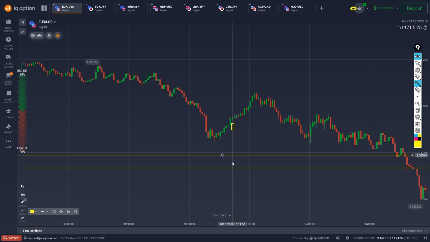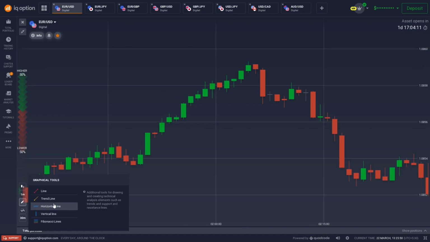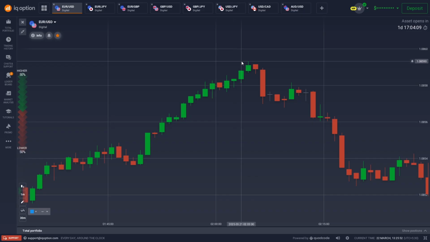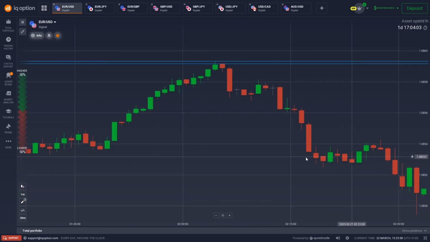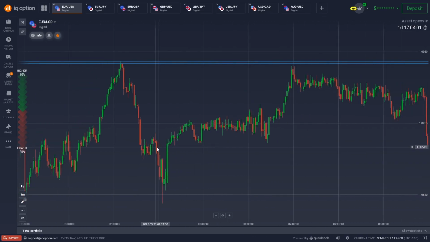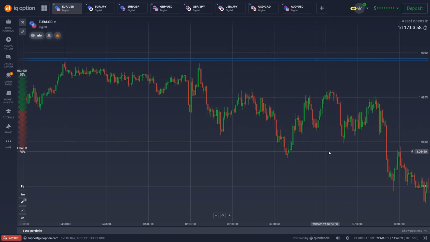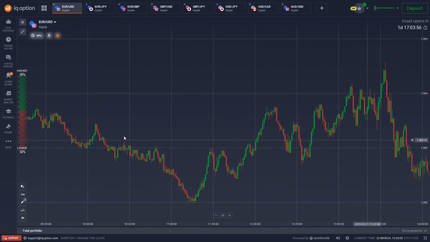Now let's use this method to see if it works in the market or not. In this case, let's draw our resistance, and this is the wick, this is the body, and this is our resistance zone. Now let's see if in future we have to update it or not, or we can use it as it's been drawn.